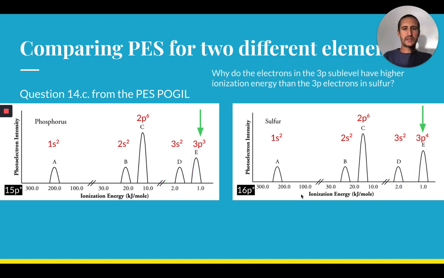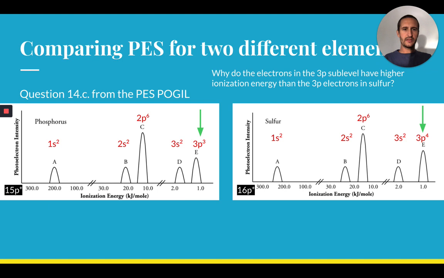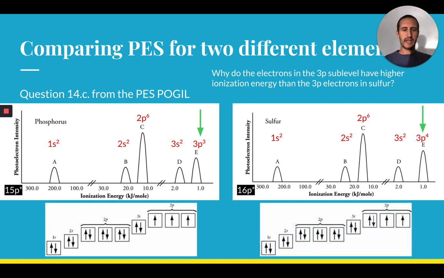But this last peak, for phosphorus, it's actually a little bit more energy to remove those electrons compared to sulfur. And so the question is, why? Why do the electrons in the 3p sublevel of phosphorus have a higher ionization energy than the 3p electrons in sulfur? Well, in order to answer that question, we have to look at the orbital diagrams for each of these.